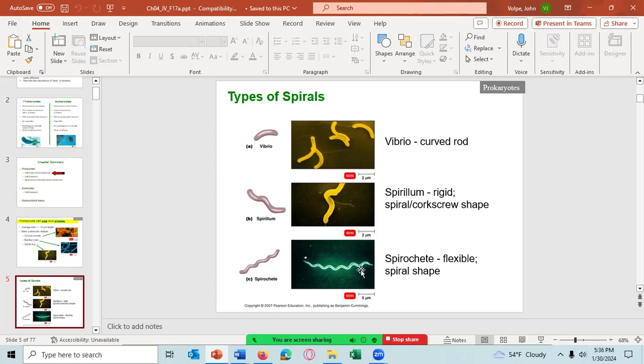It can also bend the cell. Let me see if I can demonstrate this. So let's pretend this is the spirochete. It can actually bend on itself like that, so that the tips can touch each other. Like I said, the spirochete is more flexible than the spirillum.